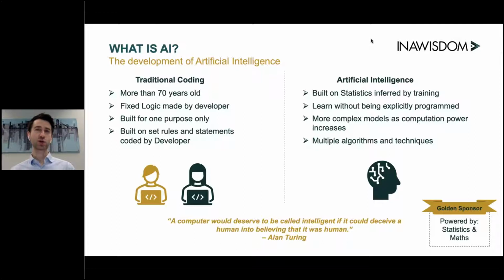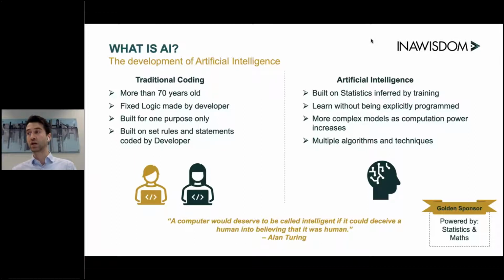But that's not always correct, and that's where artificial intelligence comes in. In AI, we do not write explicit rules, but we allow the machine to learn these rules on its own. That allows us to actually cover more cases and solve more complex problems.